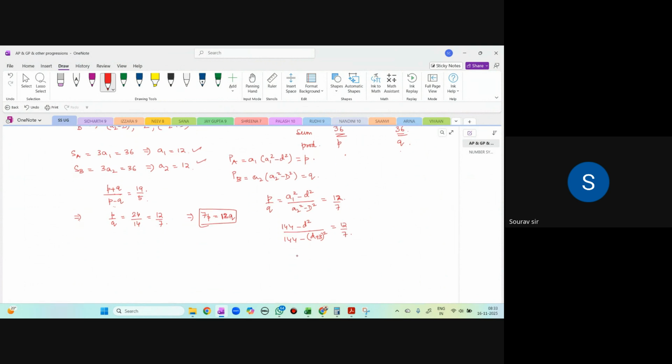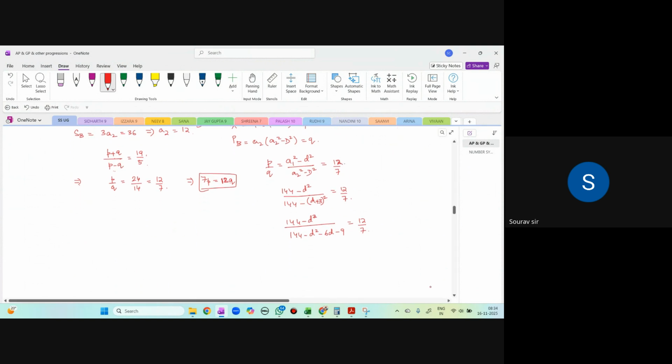So that means 7 into 144. Okay, let's expand this. 144 minus D square by 144 minus D square minus 6D minus 9. This is 12 by 7.